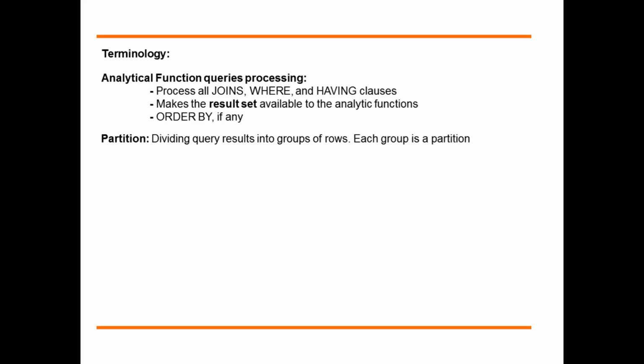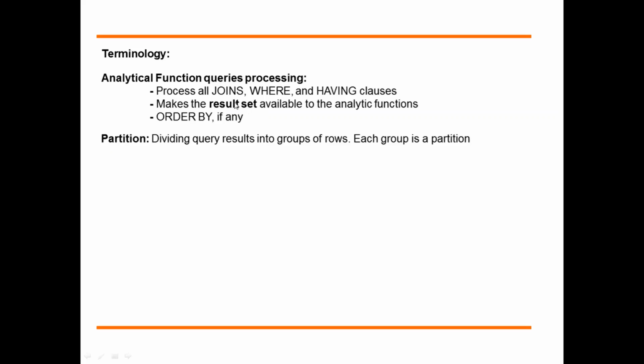Another important terminology that we need to understand is the term called partition. Partition is nothing but, before this result set is available to the analytical function, or before the analytical function takes this result set, I want to group my result set.